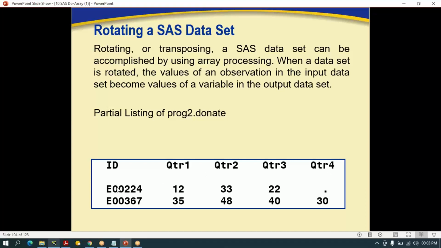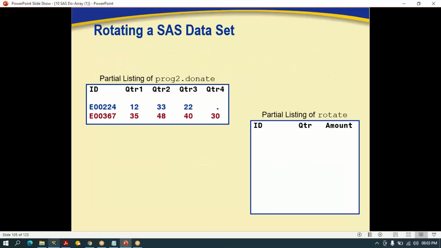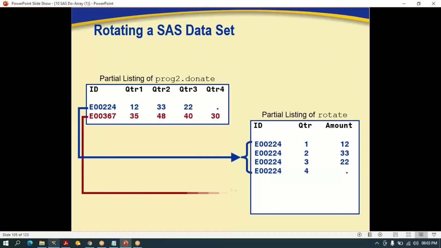Now I want to create it ID quarter-wise. These amounts need to be in one column instead of 4 different columns. I want to see one column showing which quarter it is and what the value is. So this is what I wanted, this is how I want to create it.